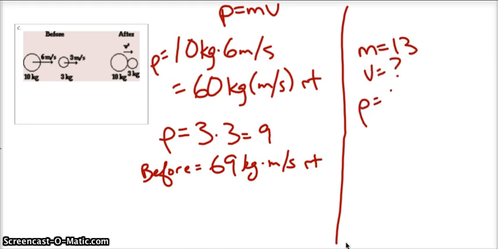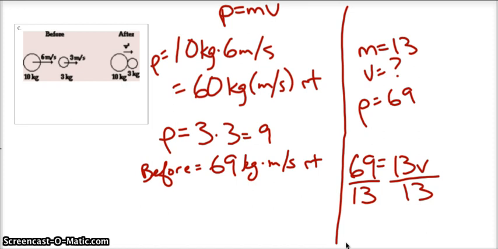But we know momentum to be 69, so we take 69, set that equal to 13 times V, divide both sides by 13. 69 divided by 13. Your velocity will be 5.3 meters per second to the right.